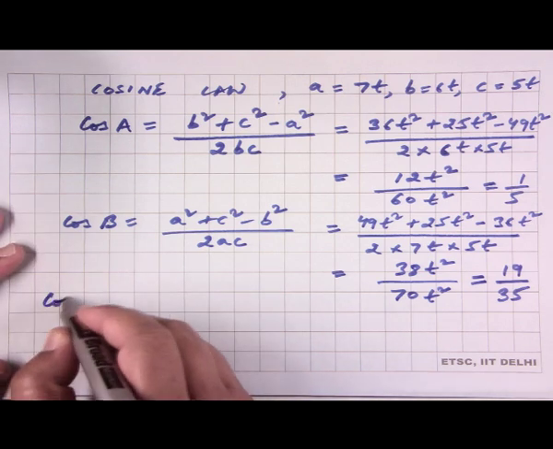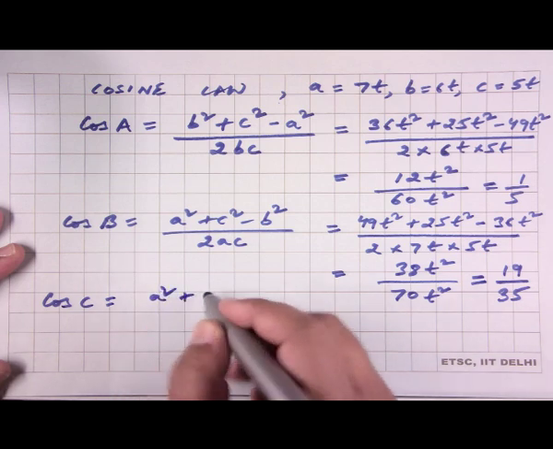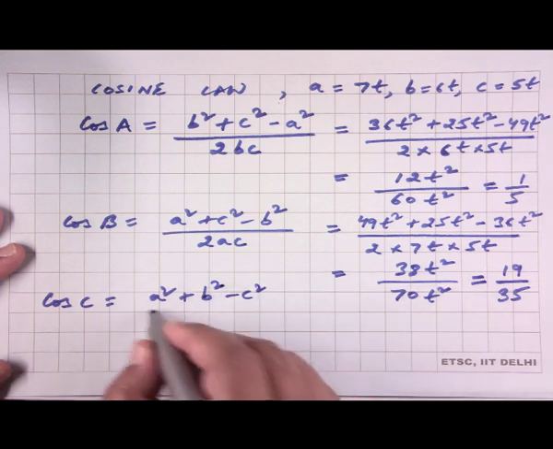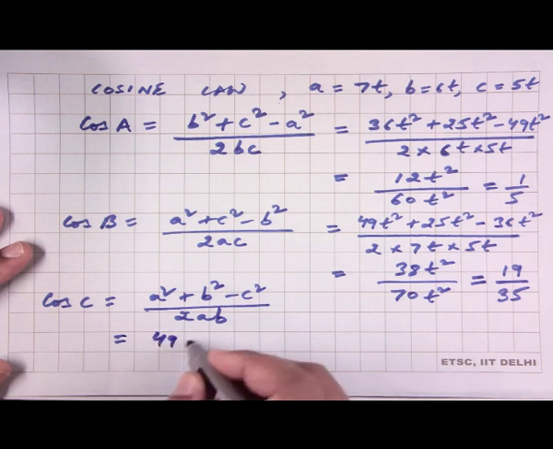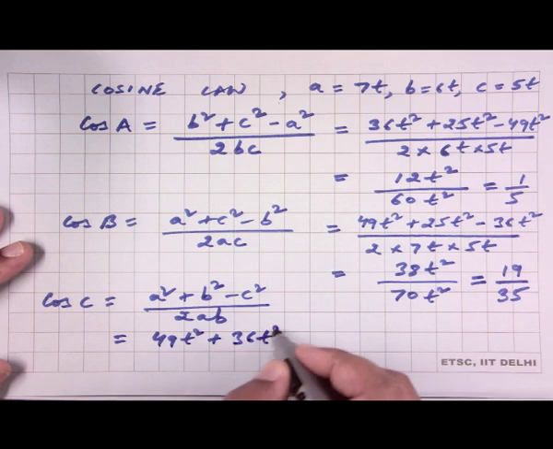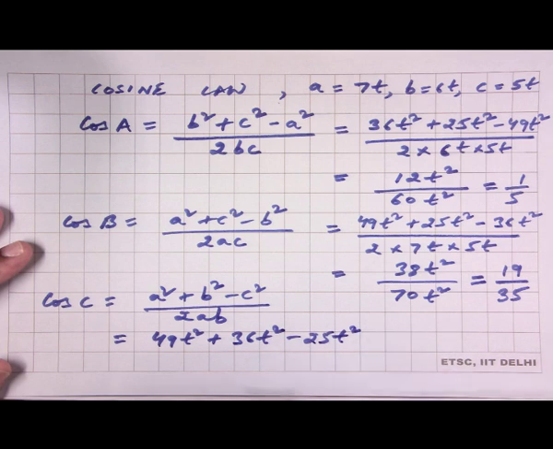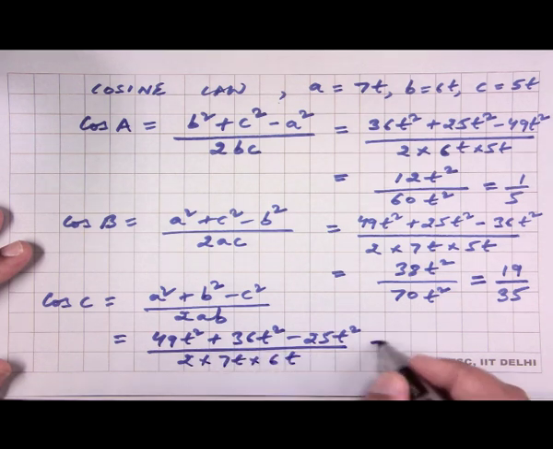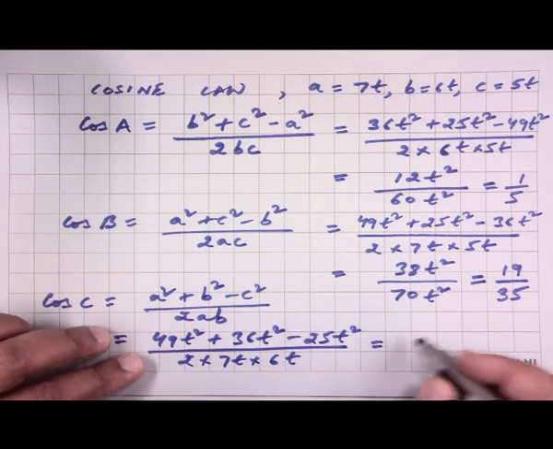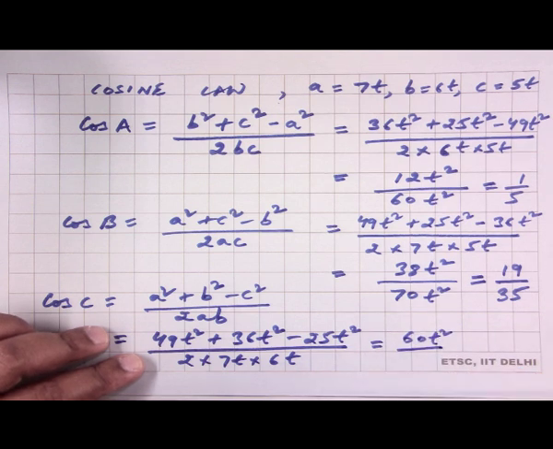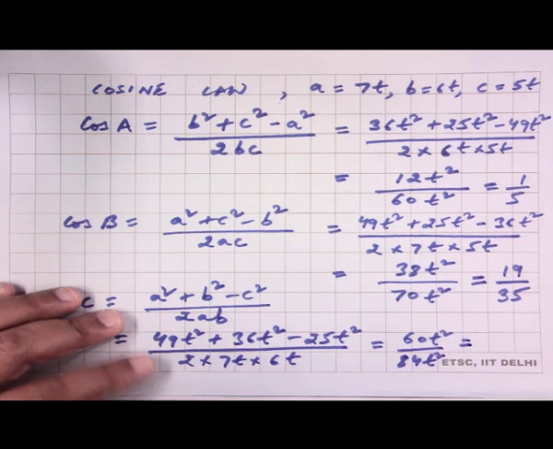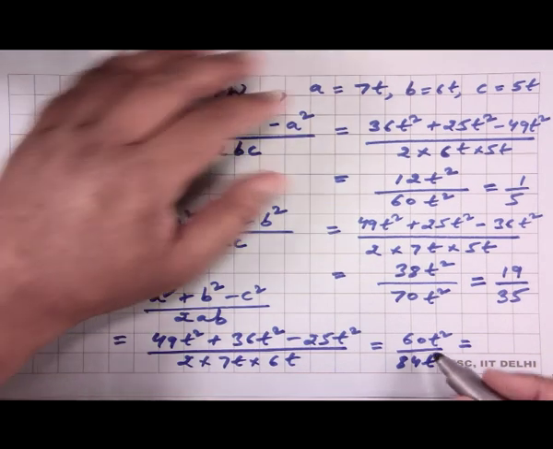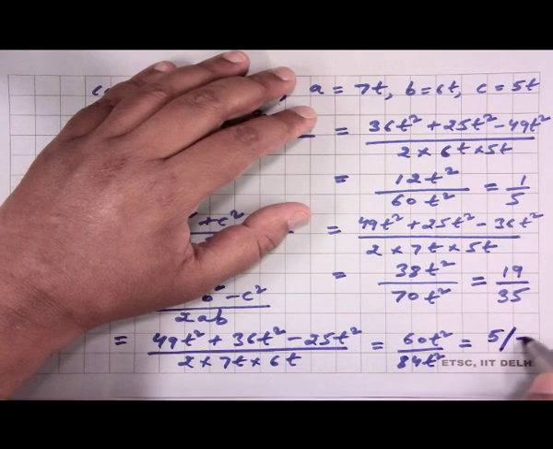And lastly, cos C is A square plus B square minus C square upon 2AB, which equals, which is equal to, which is equal to 5 by 7.